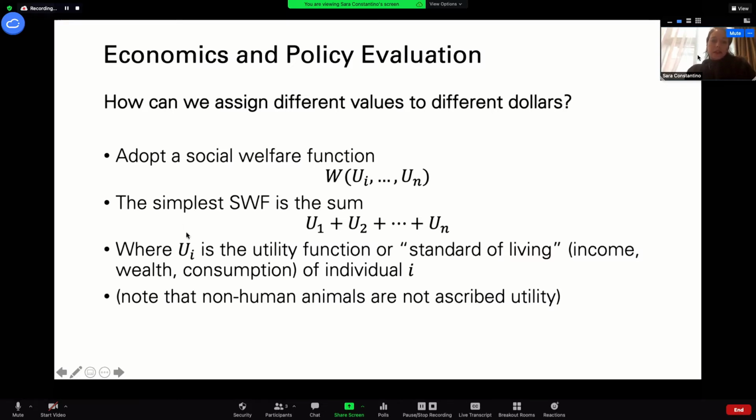So the simplest social welfare function is just the sum of utilities. And again, the degree of curvature is going to represent how averse a society is to inequality. There are many possible modifications to this function. It doesn't have to be the sum. For example, the utility can have different shapes, and these will have different distributional implications. So there's still a lot of room for decision making here by the policy evaluator, by the economist.